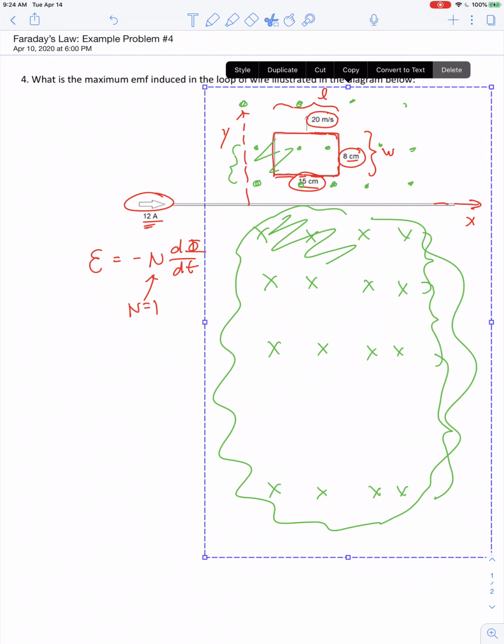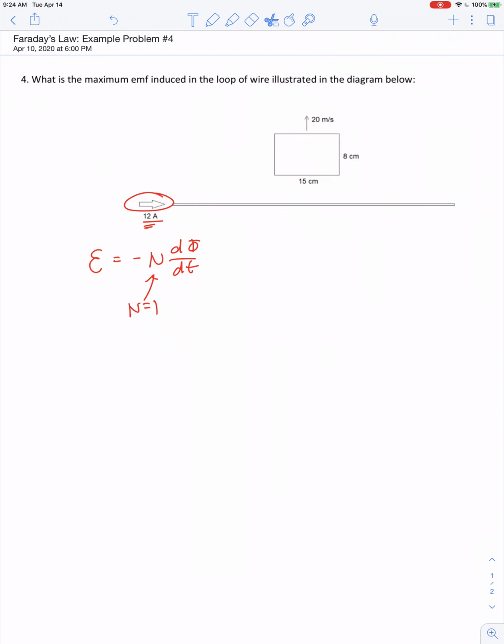In fact, I think we can say that there's a magnetic field in this region that's equal to, well, couldn't we use Ampere's law to come up with the expression for the magnetic field at some distance from a long straight wire that carries a steady current? I think we've done that before.